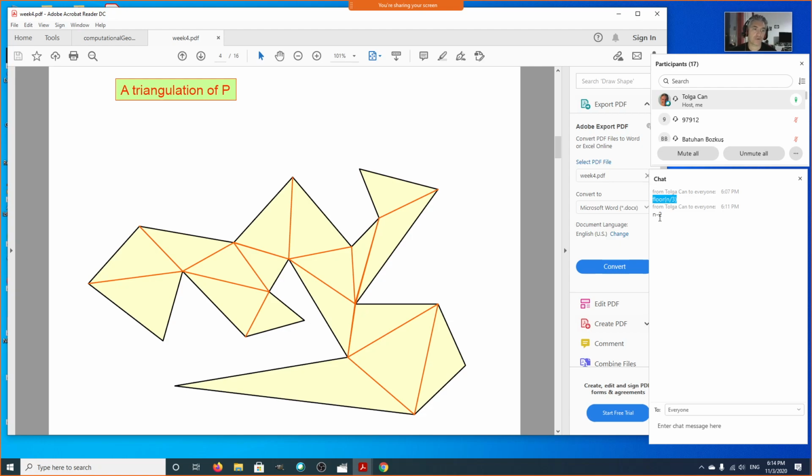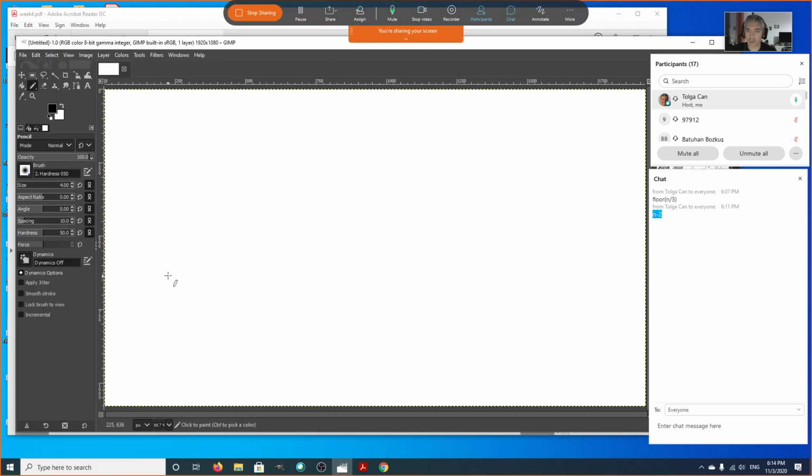The proof of this can be done by induction. I'm first going to prove that any triangulation contains n-2 triangles, and I'm going to prove this by induction. I'm going to use my blackboard, this GIMP.